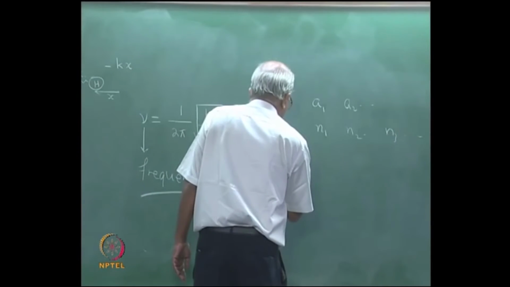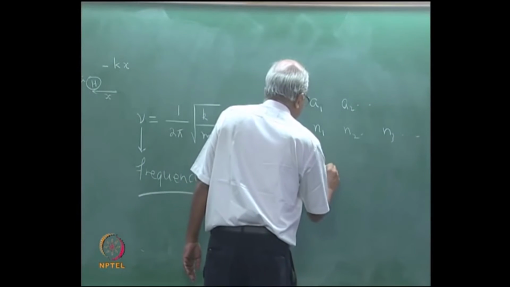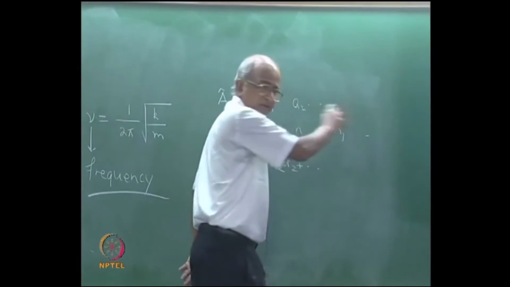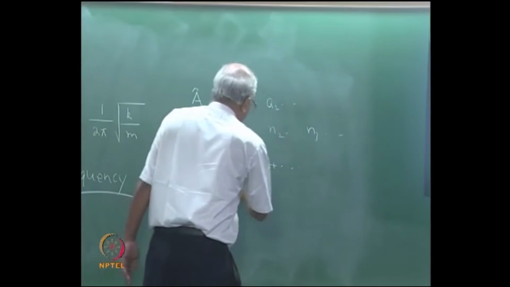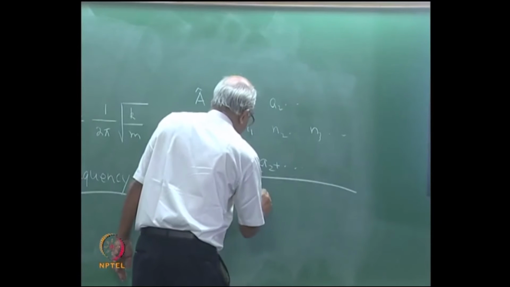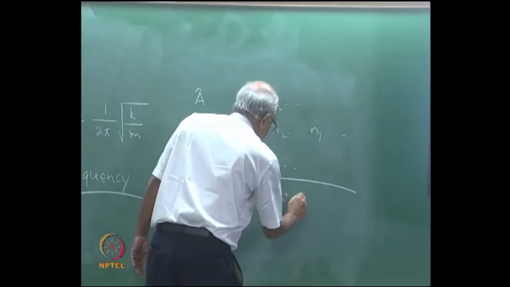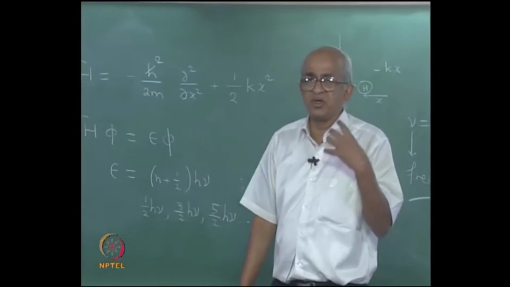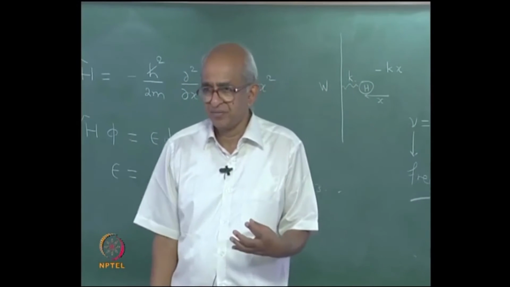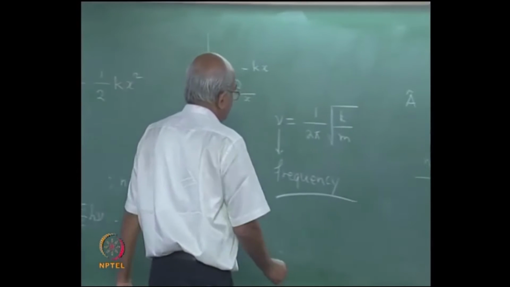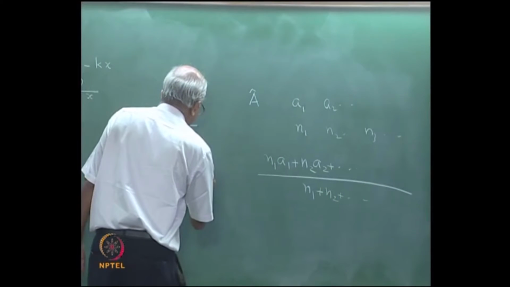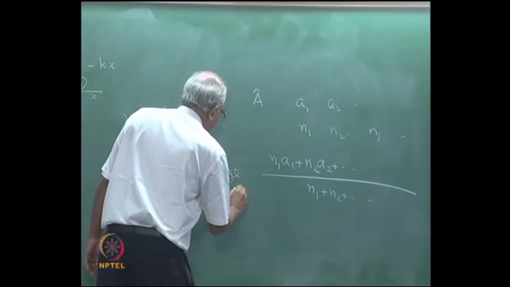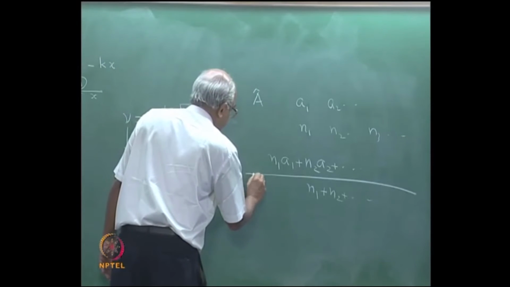It is going to be n1 A1 plus n2 A2 plus etc., divided by the total number of measurements, which is n1 plus n2 plus n3 etc. So, this will be the average value of my observable. I will say that the average value of all the measurements that I have made is equal to so much.